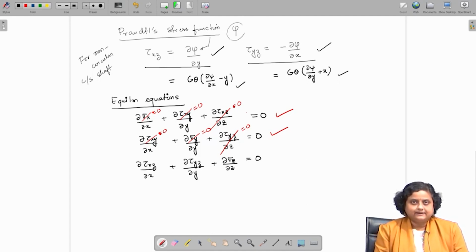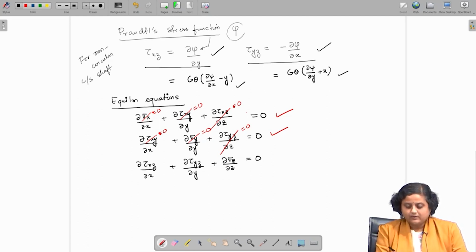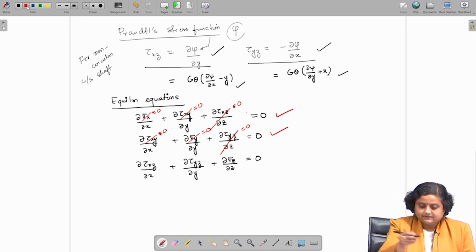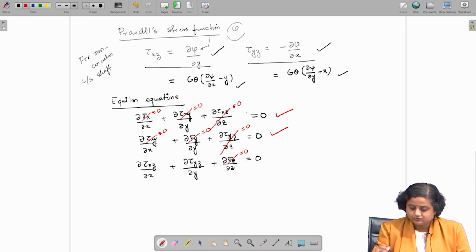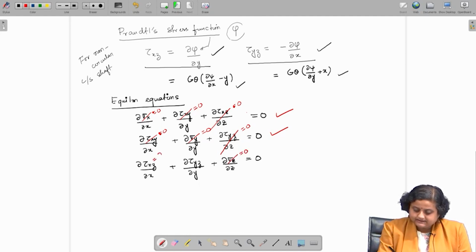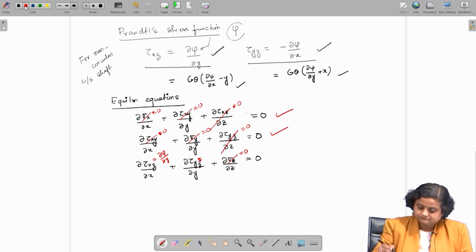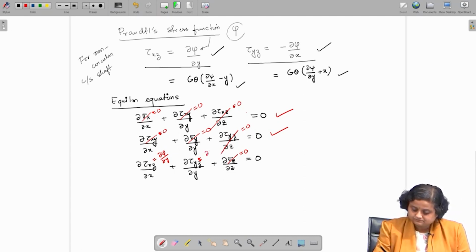So, let us see what we have in this equation. Sigma z is equal to 0, so this part goes to 0. Now, tau xz is del phi by del y, and tau yz is minus del phi by del x.